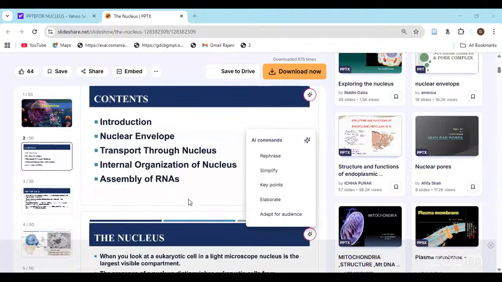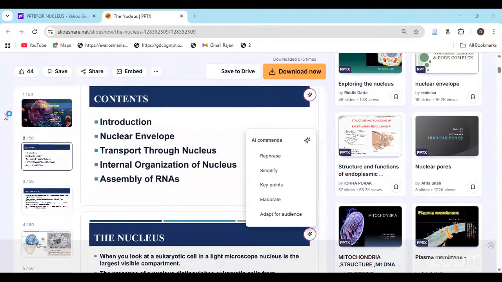In plants, in sieve tubes or sieve elements, the nucleus is absent. In sieve cells also, the nucleus is absent.